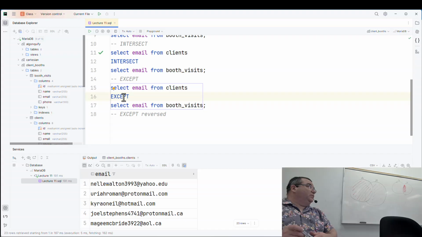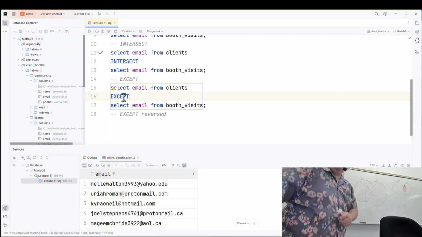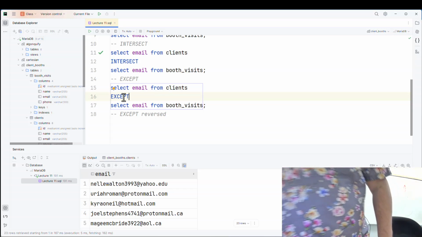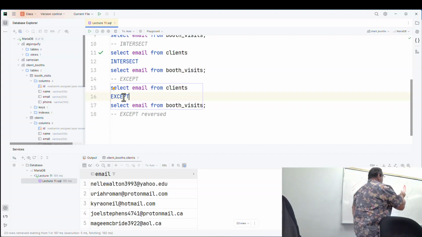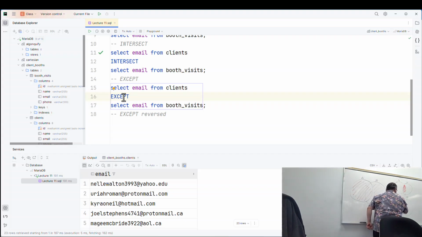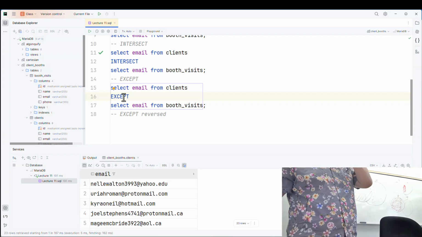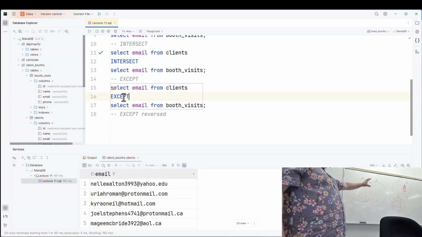So what except does is, we've got our two sets again, A and B, like that. However, it will give you everything from A except any you find in B. So it'll only give you everything in A that is not in B.